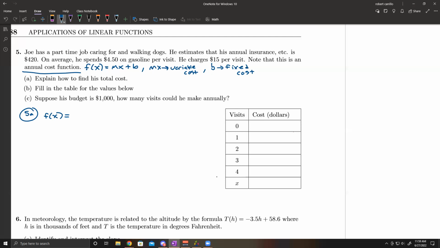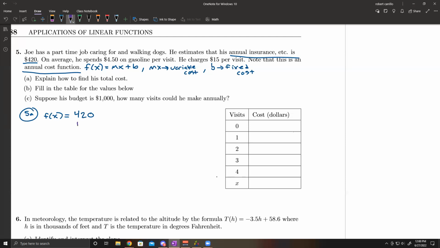So what this means is that no matter what he does, if he quits caring for dogs, if he stops working, if he goes on vacation, no matter what, he is going to pay $420 in insurance annually. So this is going to be considered his fixed cost. So we're going to put that down first, 420, because no matter what he does, this is the amount he pays.